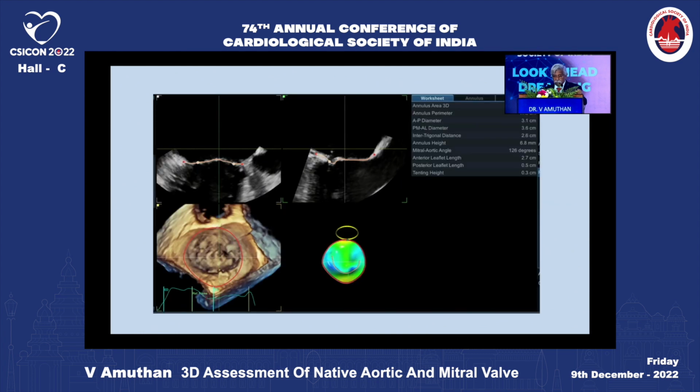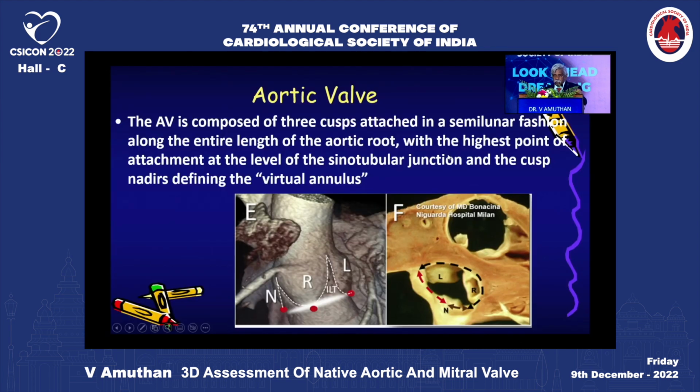So they can do this, where you can develop and analyze the annulus area, annulus perimeter, the AP diameter. So all the requirements, the annulus height, mitral aortic angle, this is very important for the surgeon. And all these measurements are possible with a flash of a second. So that is about the mitral valve.